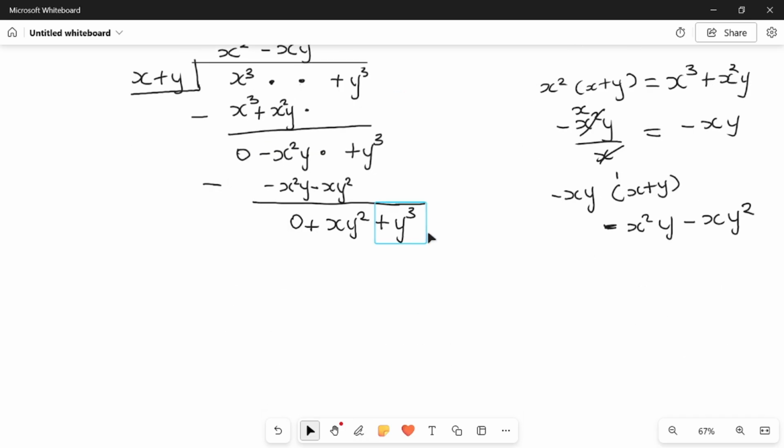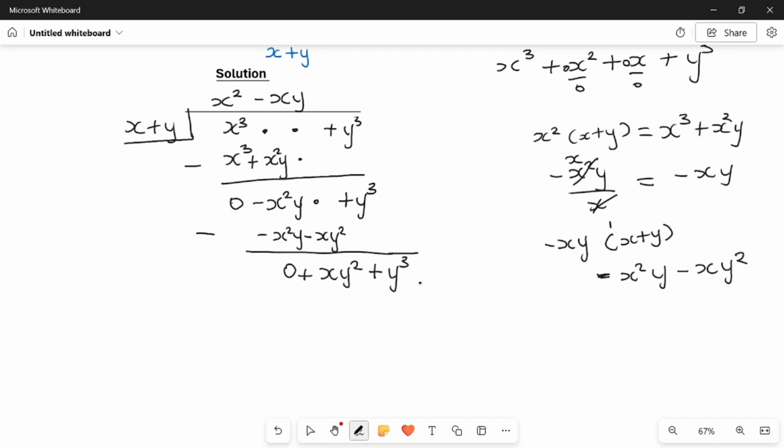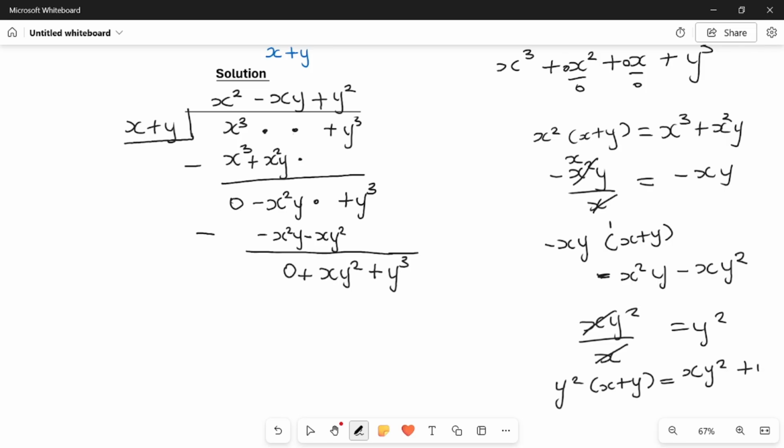So if we continue to divide, next will be what? Xy squared over x. X here will cancel out. So we'll be left with y squared. So we'll be left with plus y squared. So if we multiply, we'll have that y squared times x plus y will give us xy squared plus y cubed.